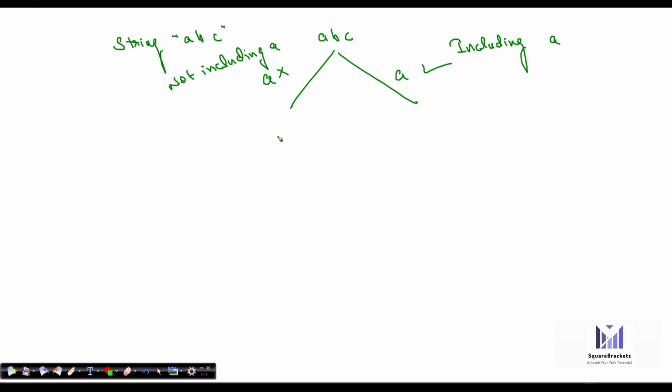Now after this we have B, C. Then again we do two things: include B and exclude B. Again on both branches, include and do not include. Simple.